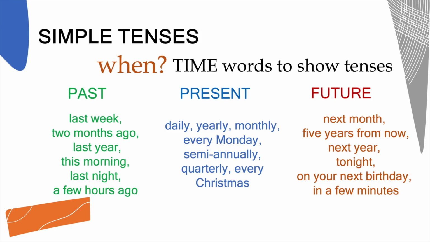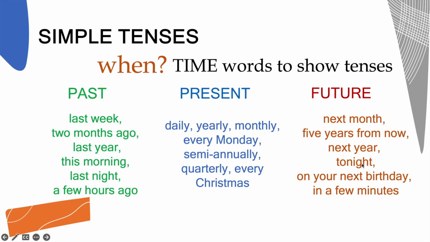So next month, next year, next week. From tomorrow, it could be next day, next week, next month, or 1 year from now, 5 months from now, 5 years from now.